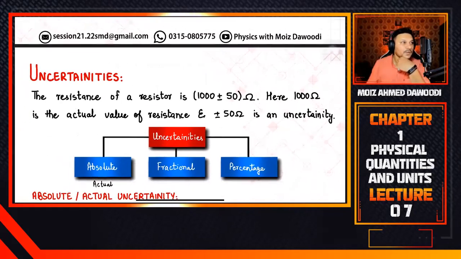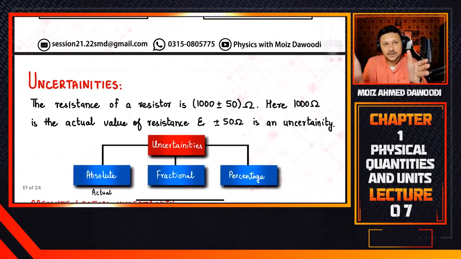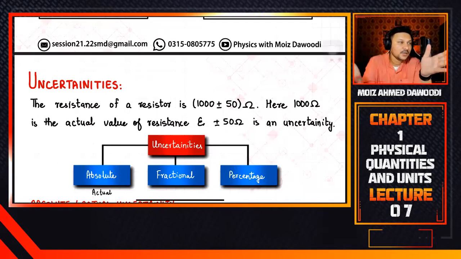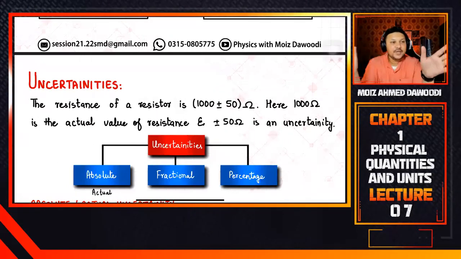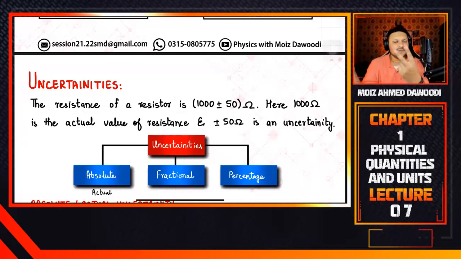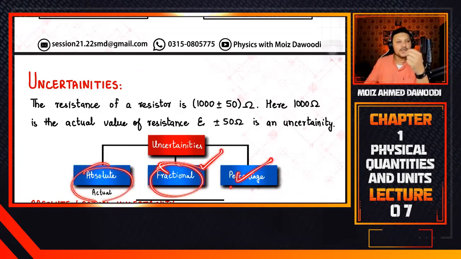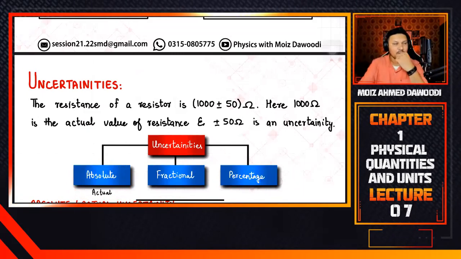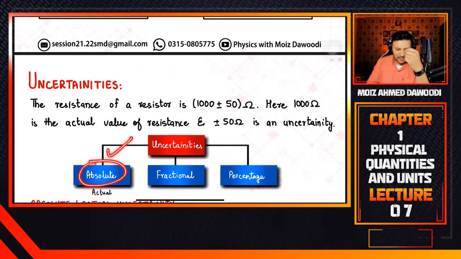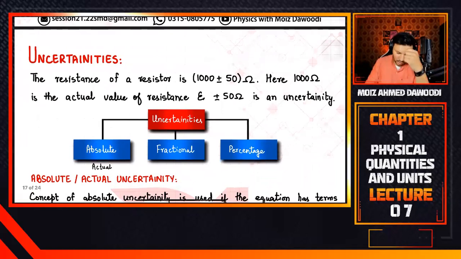So if we classify uncertainties, there are 3 major types of uncertainty. Basically, there are 2 major types of uncertainty. These are these 2. Okay, percentage uncertainty is made from fractional uncertainty. So one of the uncertainties is called absolute uncertainty, and you can also call it actual uncertainty.